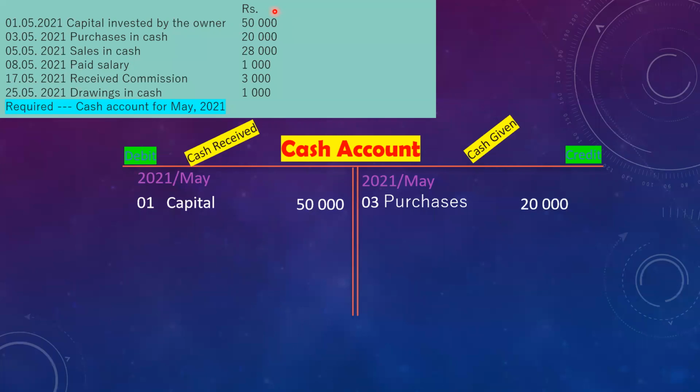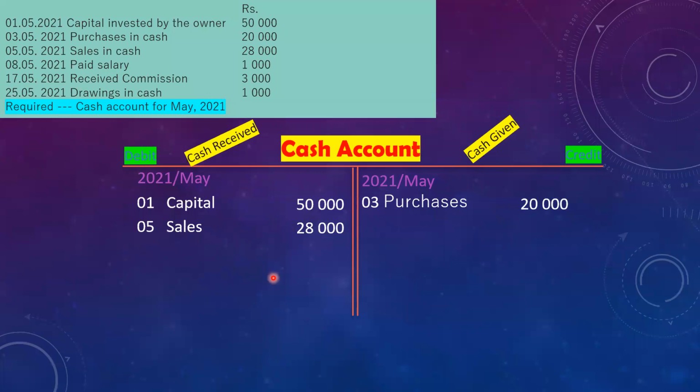Keep it up. Come on. Receiving. We are selling goods and we are receiving money. When we receive money, we will debit to the cash account 28,000. 5th of May. So 5th sales 28,000.